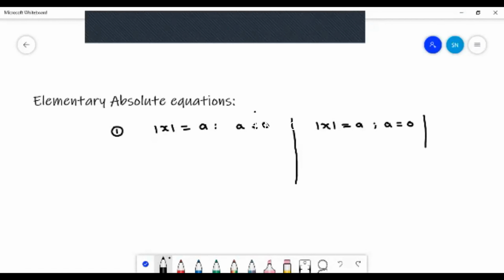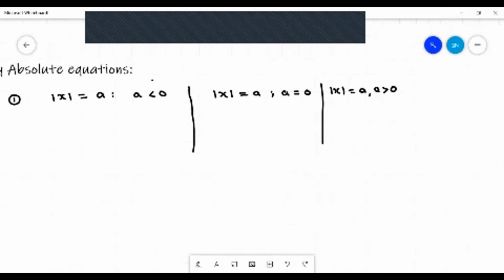So let us discuss all three cases. When you have a real number a, there are three possibilities: either less than 0, greater than 0, or equal to 0. So according to the geometrical meaning of the modulus function, suppose a is a negative value. We observed that modulus of x represents the distance away from 0.